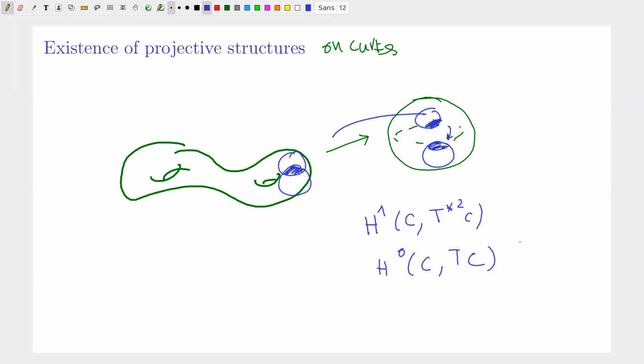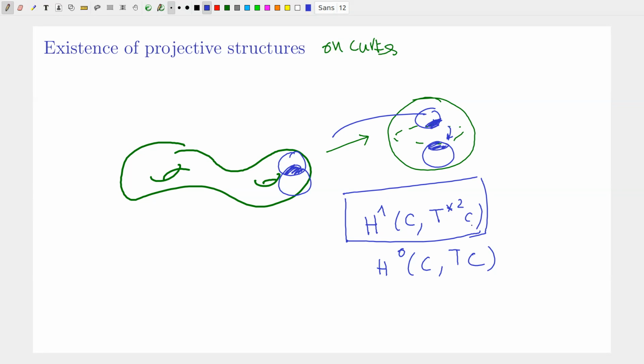So let me say this again. There is a natural class here in this Čech cohomology group, given by the complex structure, and this cohomology class vanishes if and only if our curve admits a projective structure.